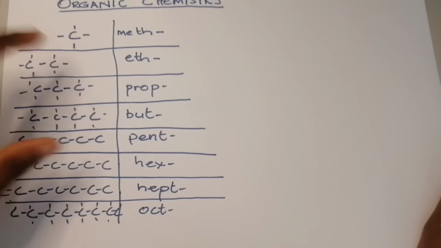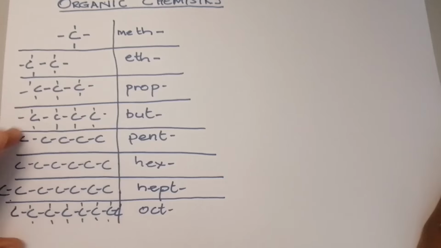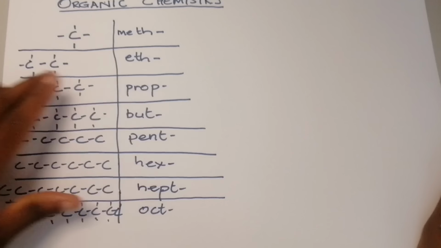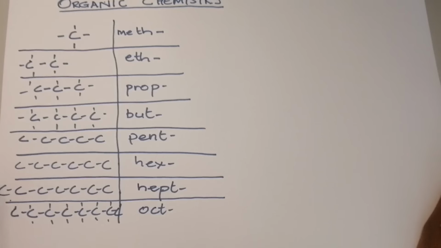So when I've got 1 carbon, it's the prefix meth, eth for 2, prop for 3, but for 4, pent for 5, hex for 6, hept for 7, oct for 8. When you know your prefixes, it helps you in the naming.